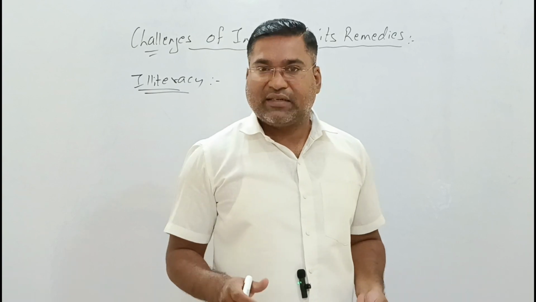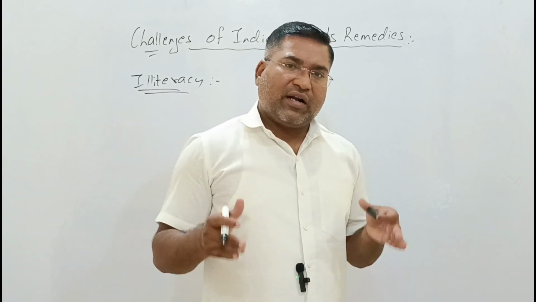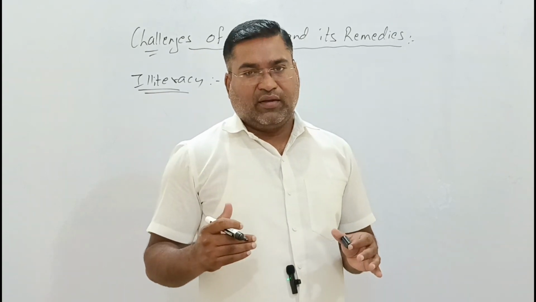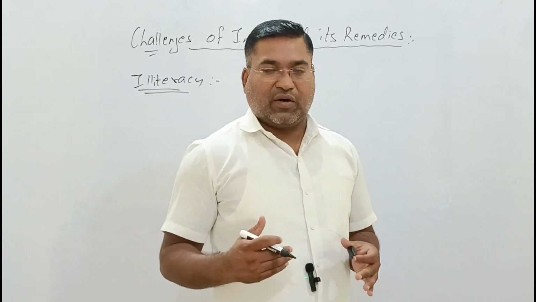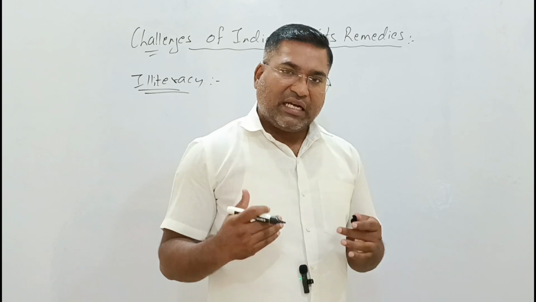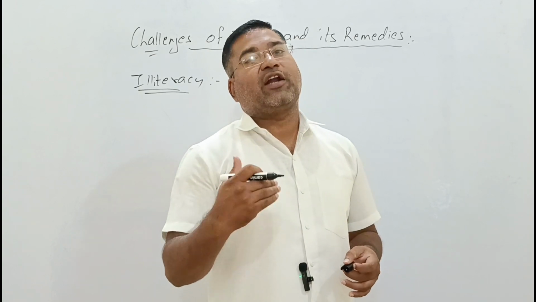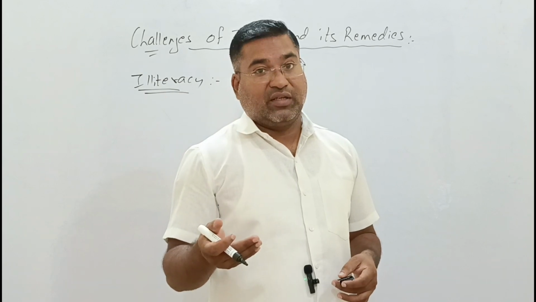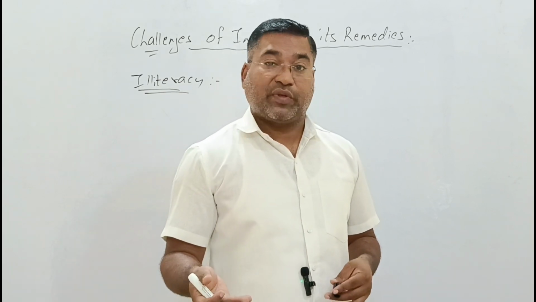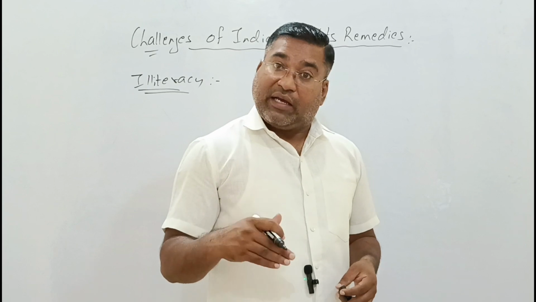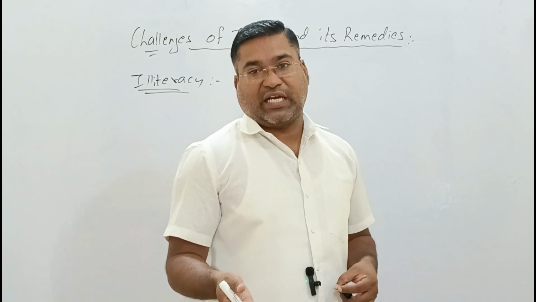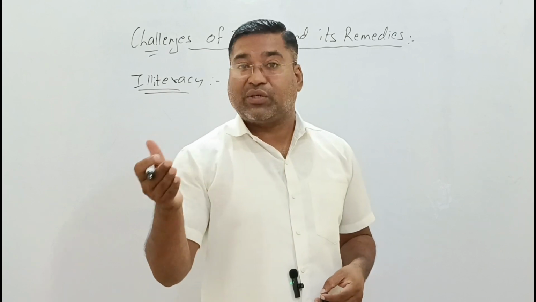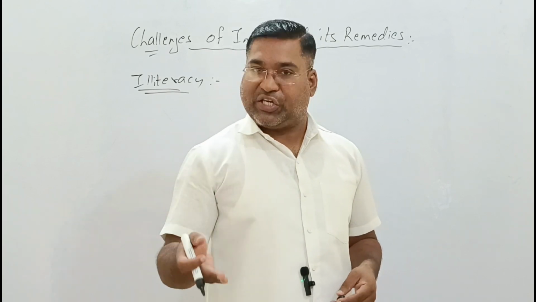In India, the growth of literacy was very slow. Why? Because from a long time, when we moved from Vedic education to modern education, in Indian society more importance was given to males as compared to females regarding education.